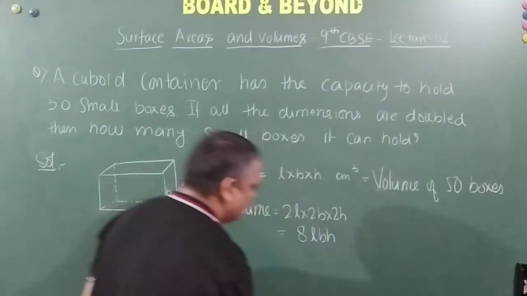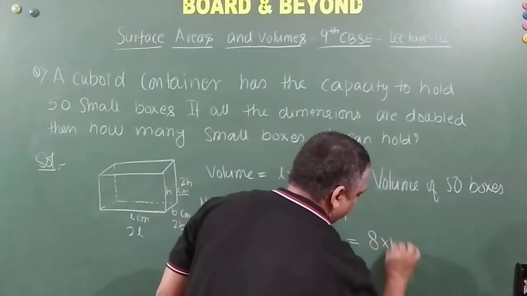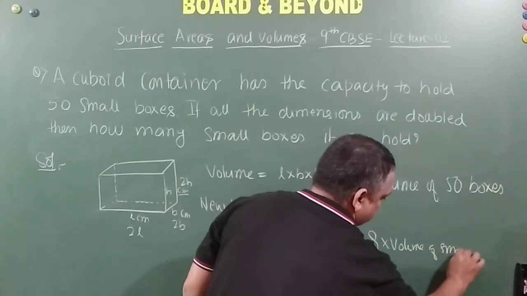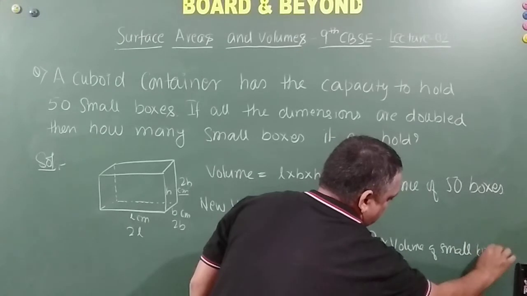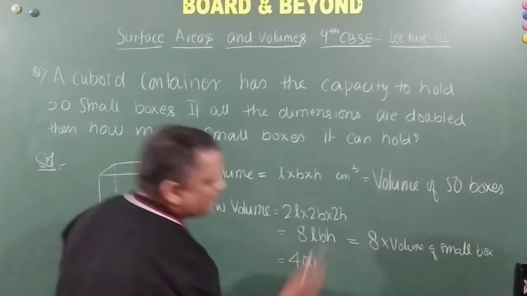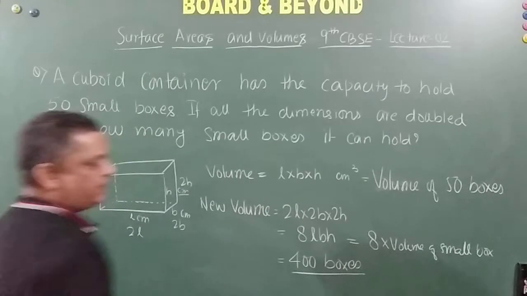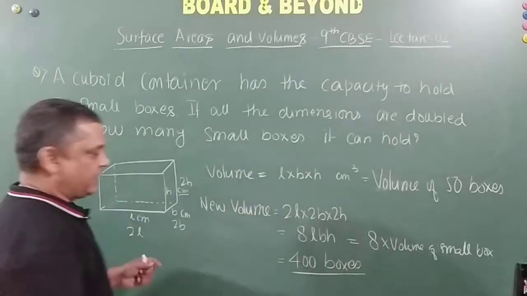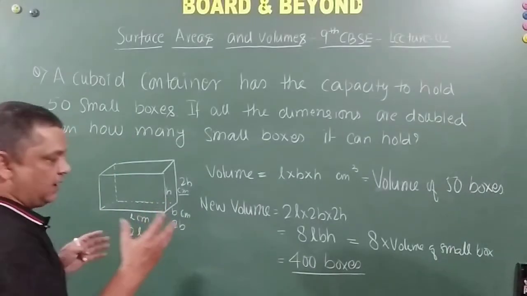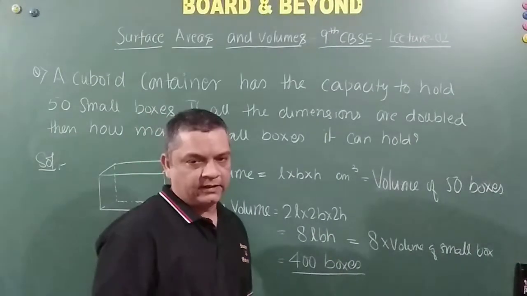So the new box will hold 8 into volume of small boxes, which is equal to 50 into 8, 400 boxes. Right? So this was the question given to us: if we double the side of the box, how many small boxes can it hold?